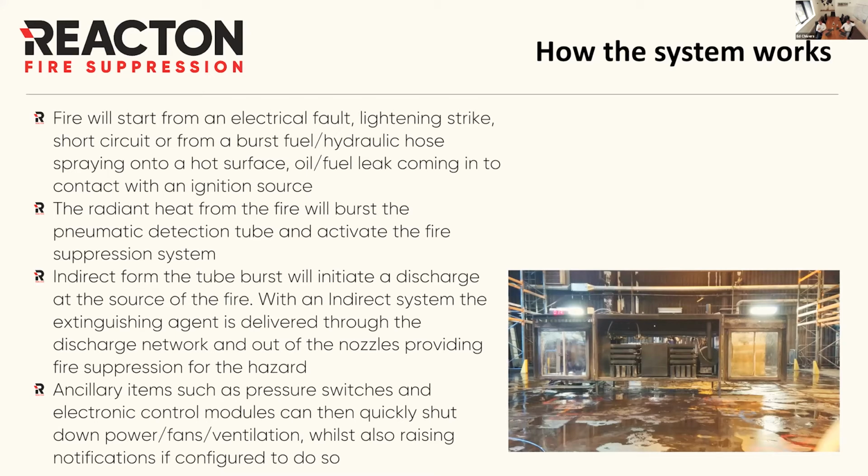So you have a fire, and the radiant heat from that fire will then burst the detection tube or activate fire suppression if you've got an electrical detection system attached to it. In direct form, the tube burst initiates the discharge at the source of the fire, and then with an indirect, the extinguishing agent is delivered through your discharge network, and that comes out through the nozzles, and it provides fire suppression for that entire hazard there.